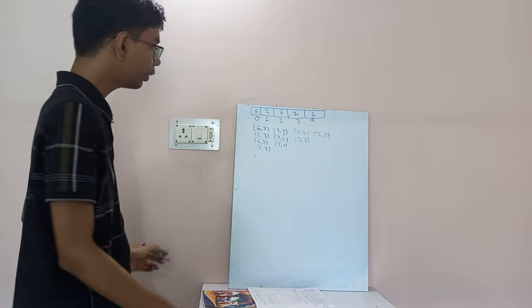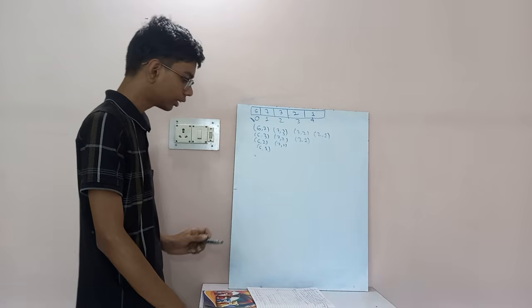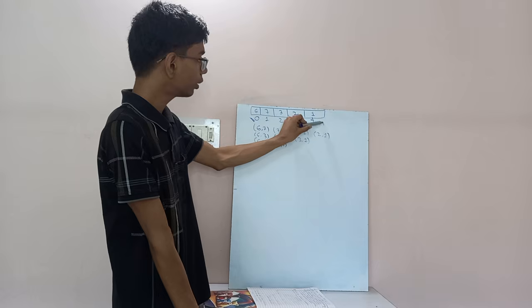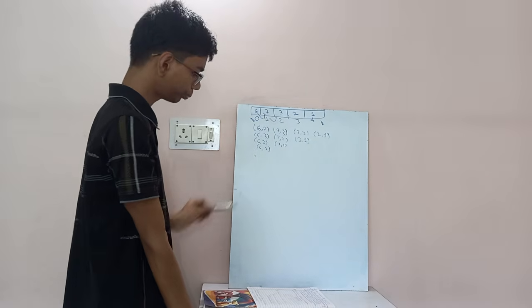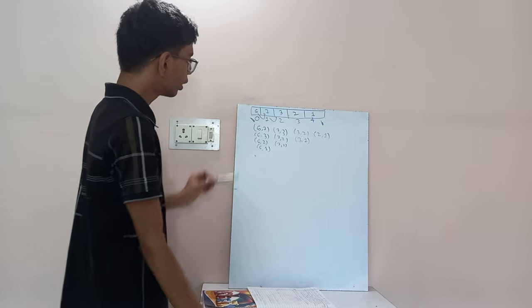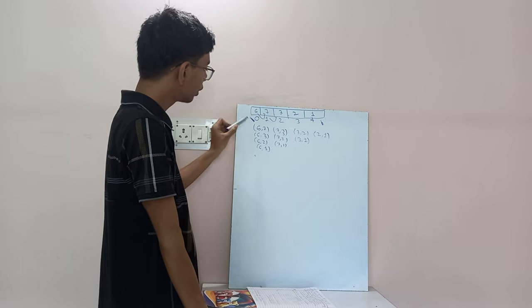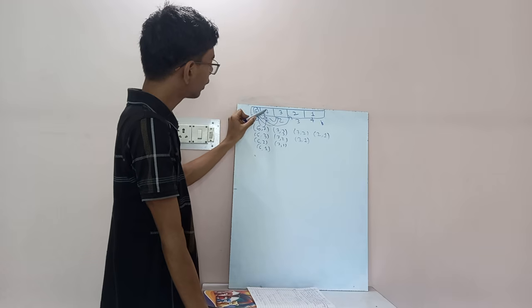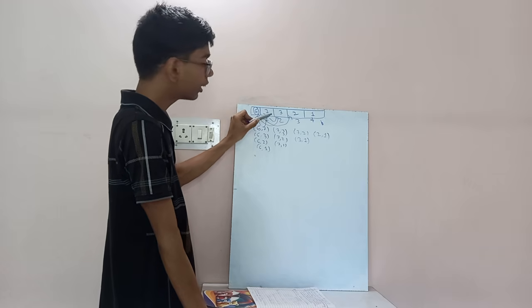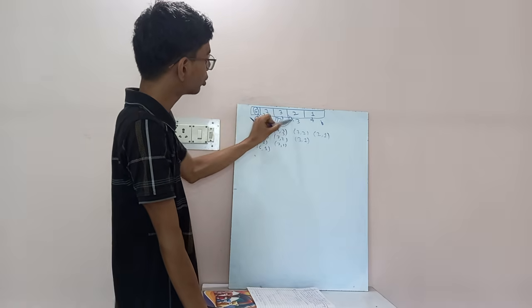So the logic will be, I will start from 0th index. I will go up to the last element. I will go one ahead every time. And I will again run a loop in which I will do summation one by one. And then from the second element I will do again summation one by one.